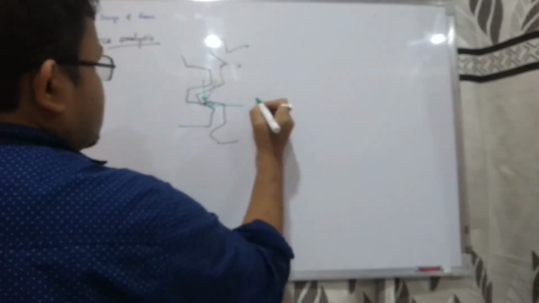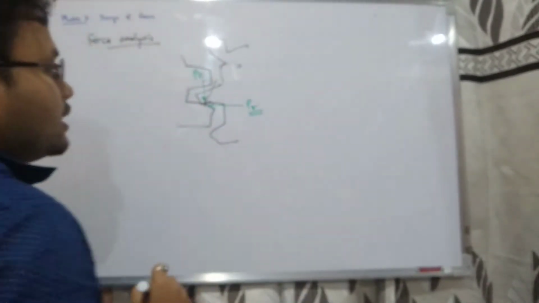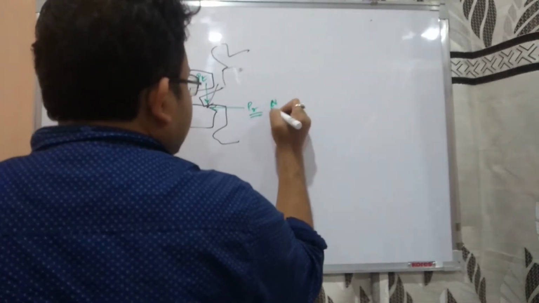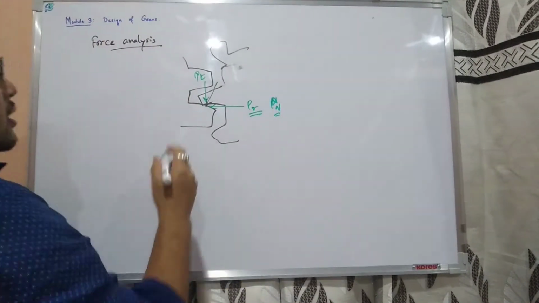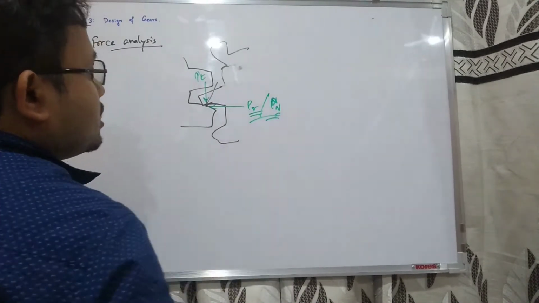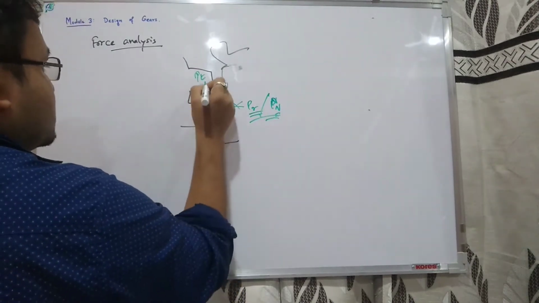So this is PR, this is PT. We neglect the effect of PR, the radial force. We have written this as PN also, the nominal force. Tangential force or radial force, these are the same. So we neglect the effect of this one and we consider PT.